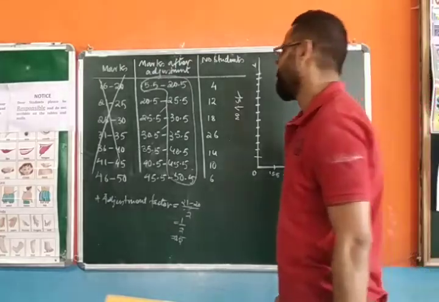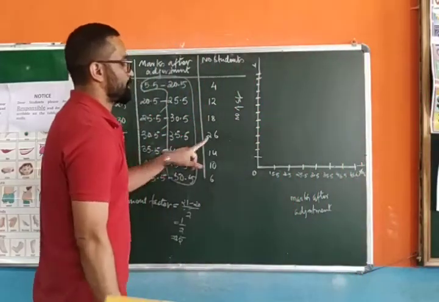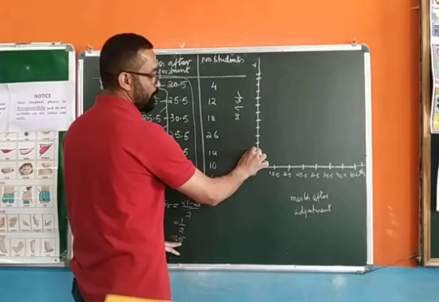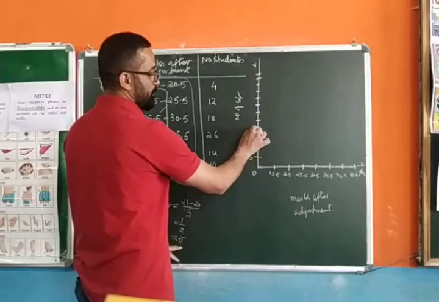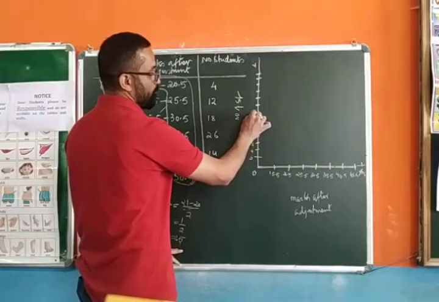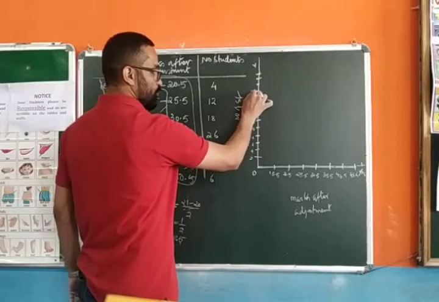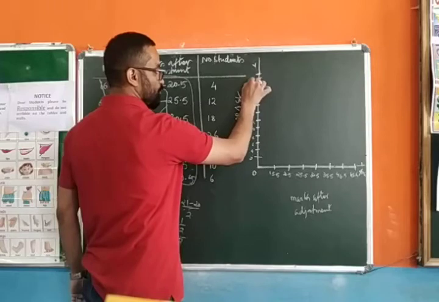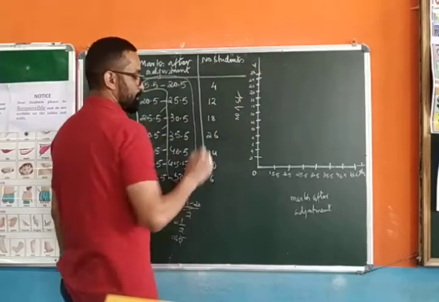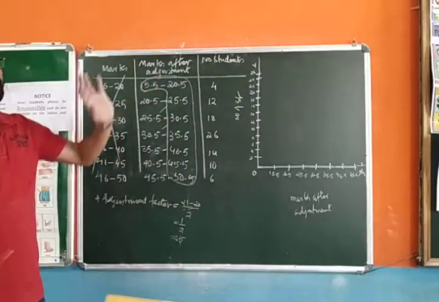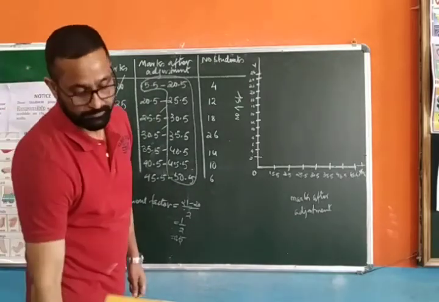Plot it. The highest value is 26, so we take 2, 4, 6, 8, 10, 12, 14, 16, 18, 20, 22, 24, 26. It will be easier to plot.